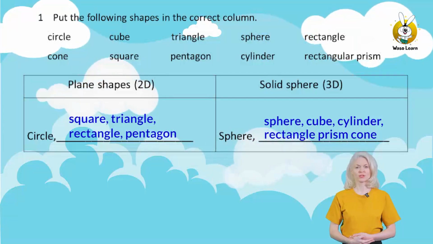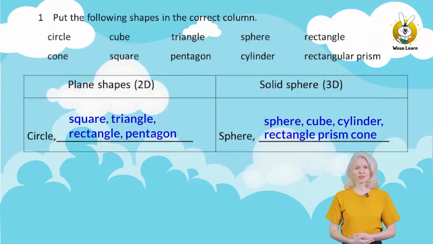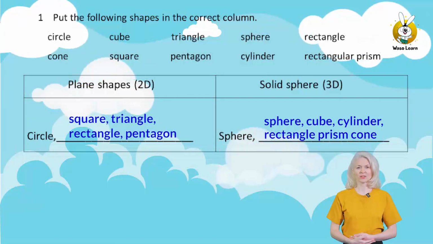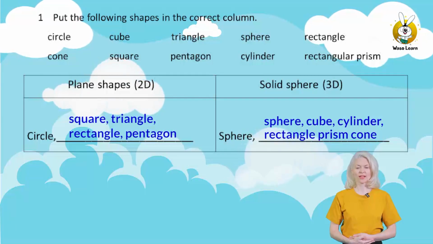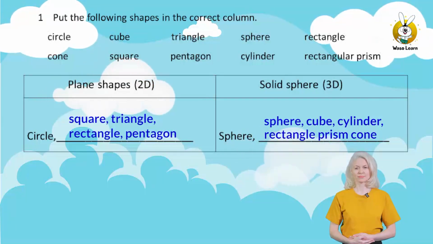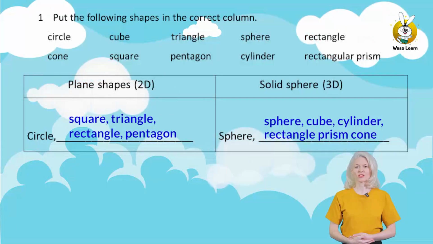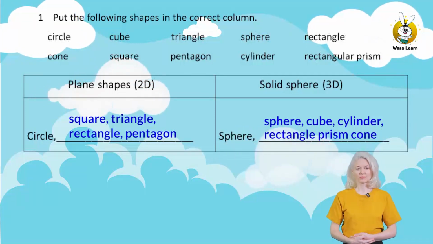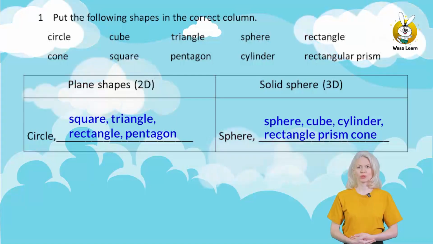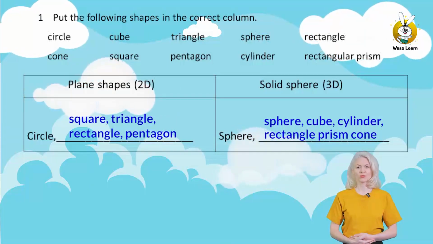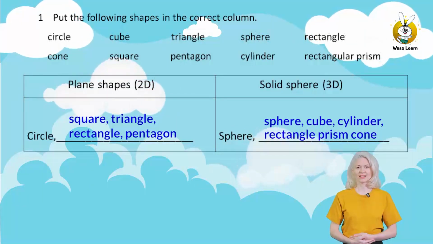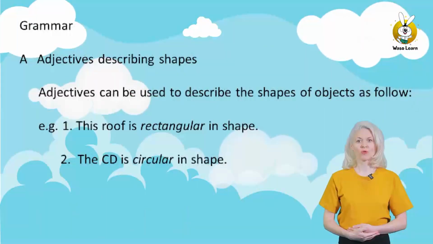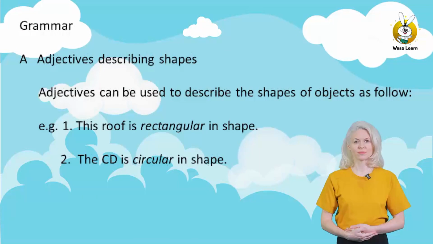Plane shapes, 2D: circle, triangle, rectangle, square, pentagon. Solid shapes, 3D: sphere, cube, cone, cylinder, rectangular prism.